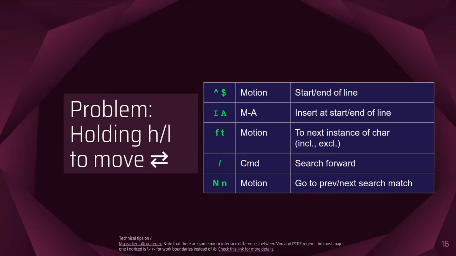Then again, in code, usually what you're going to be doing is changing access to functions. So you're going to be changing the inputs. Maybe you want to take it out and put it into a variable. For those, it's very helpful to know F and T. These will take your current cursor position and search forward for a character.